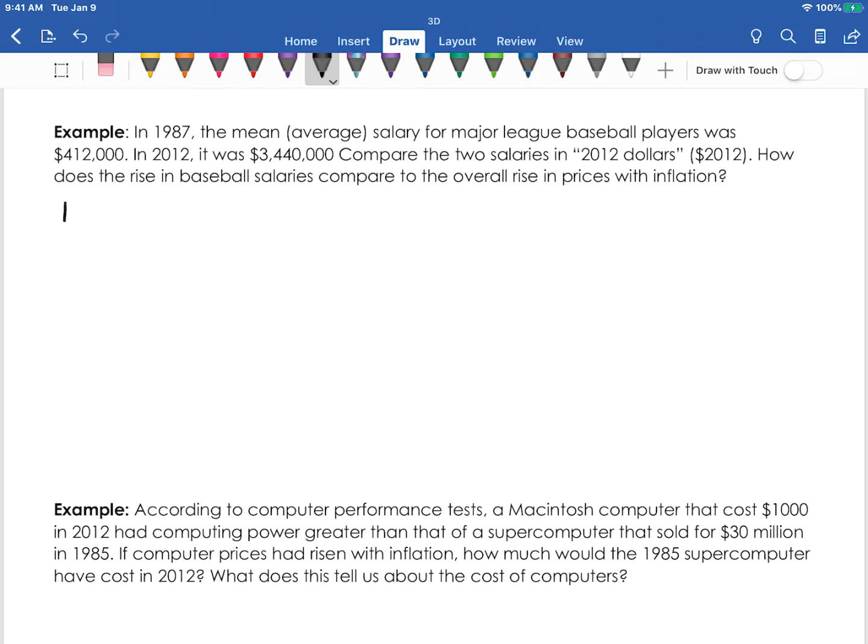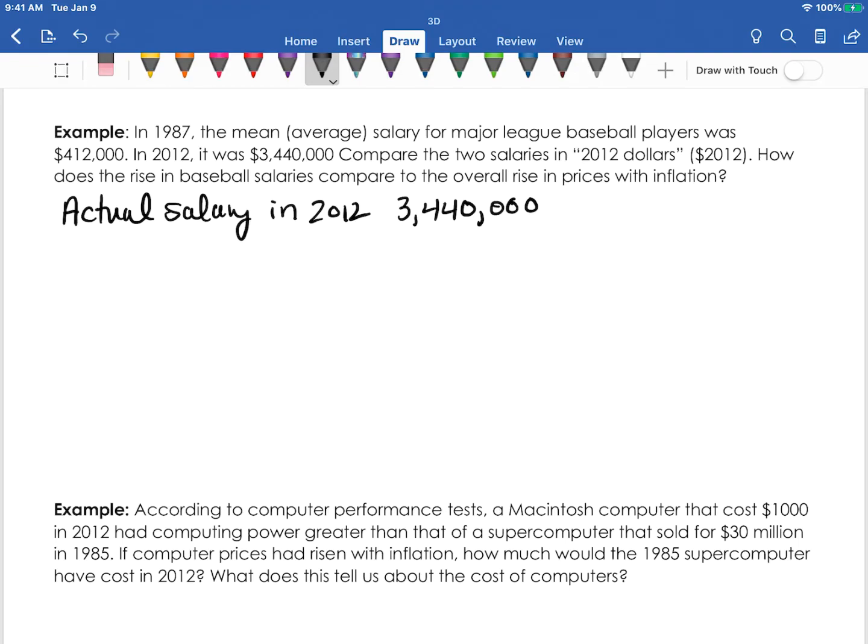The actual salary in 2012 is $3,440,000. We're going to start in 1987 with the salary of $412,000, and use inflation to see how much the salary should be in 2012 and compare it to the actual salary.